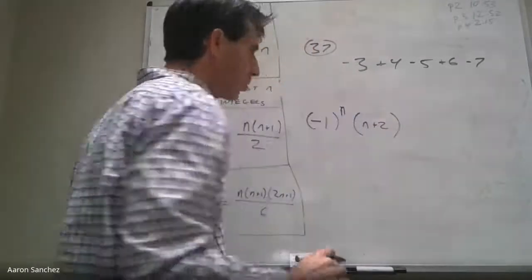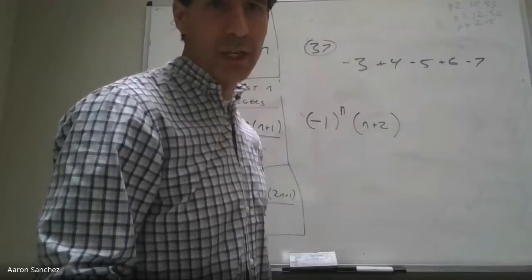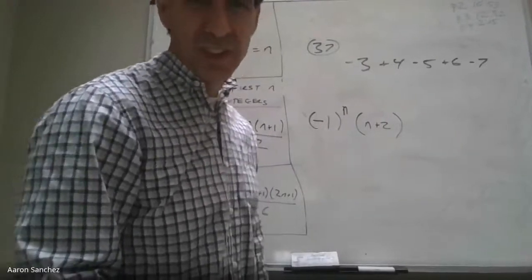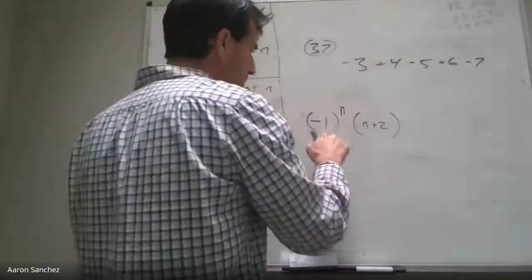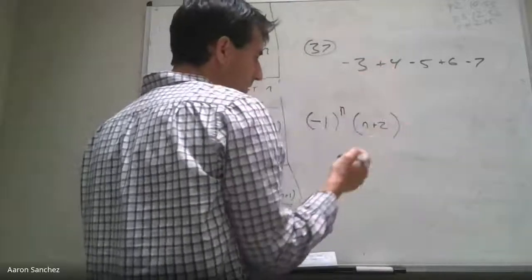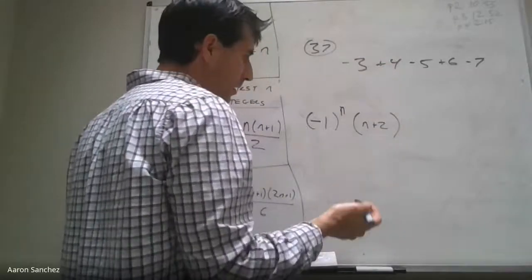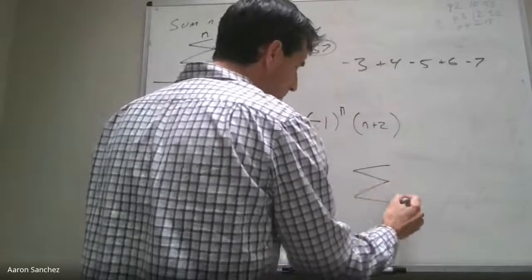Okay, that's my rule. Okay, so let's see if we can write this out. Here's my rule right here: -1 raised to the n, because this is going to switch the signs. Either way, doesn't matter. Let's write out our sigma notation.